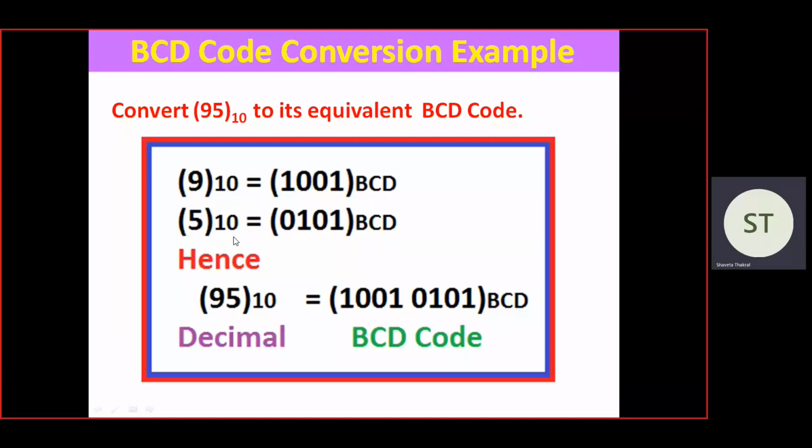And for 5 we write separately 0101, that is its BCD equivalent. So for the complete number 95 in decimal, we write the BCD code as: 9 code is 1001 and for 5 it is 0101.